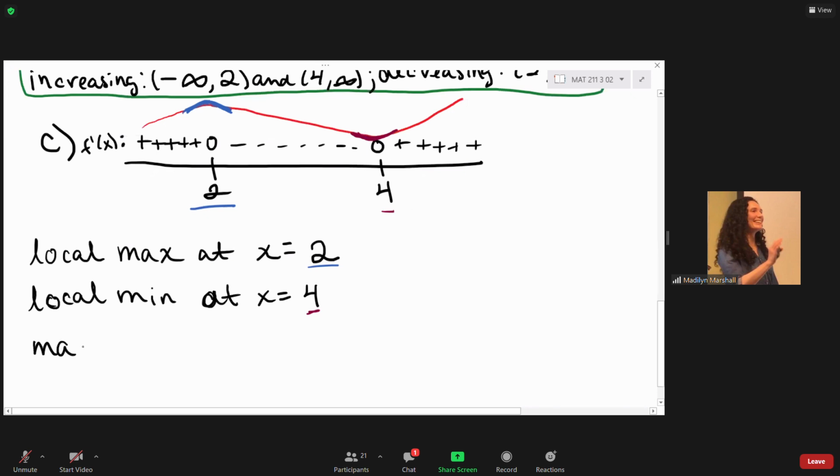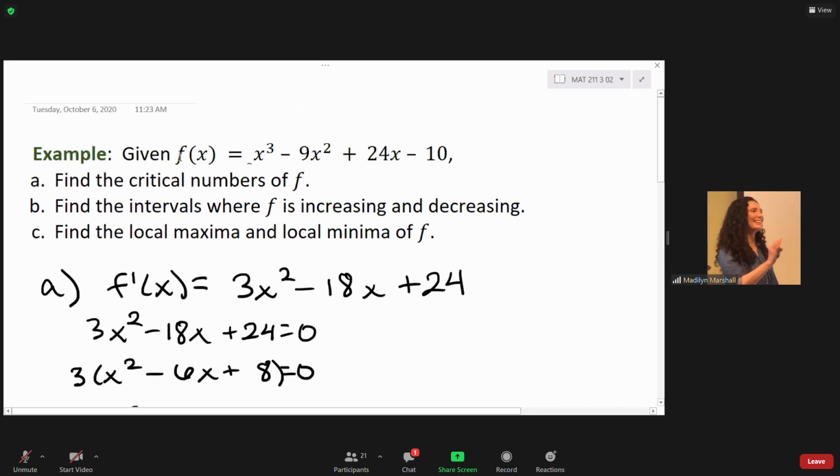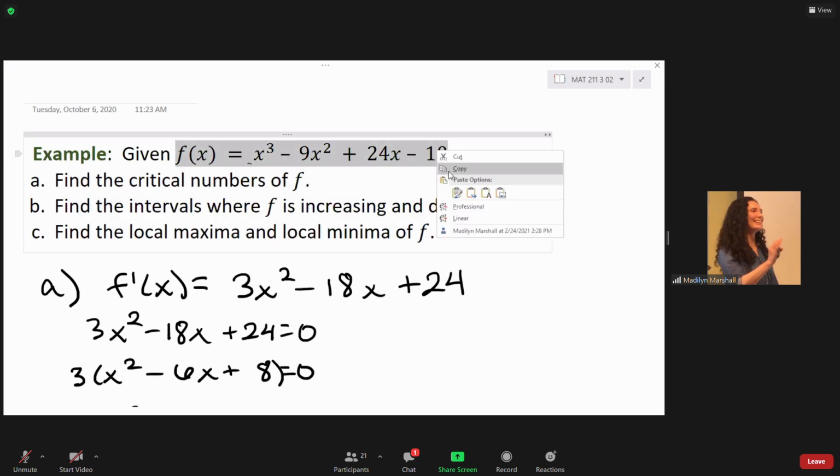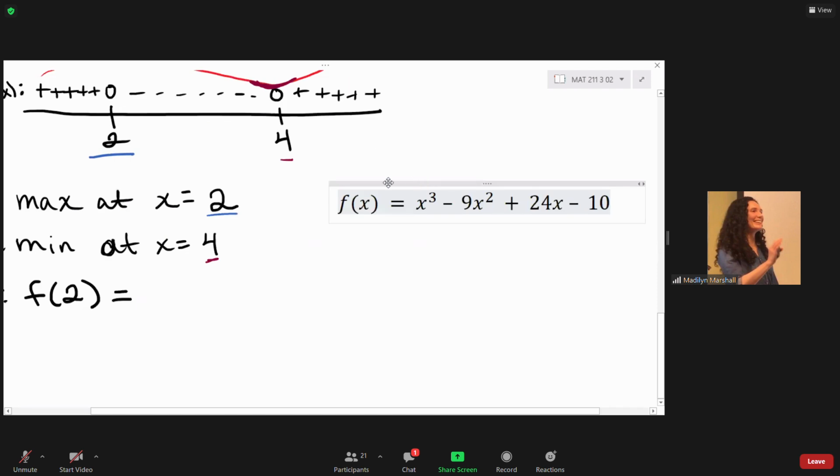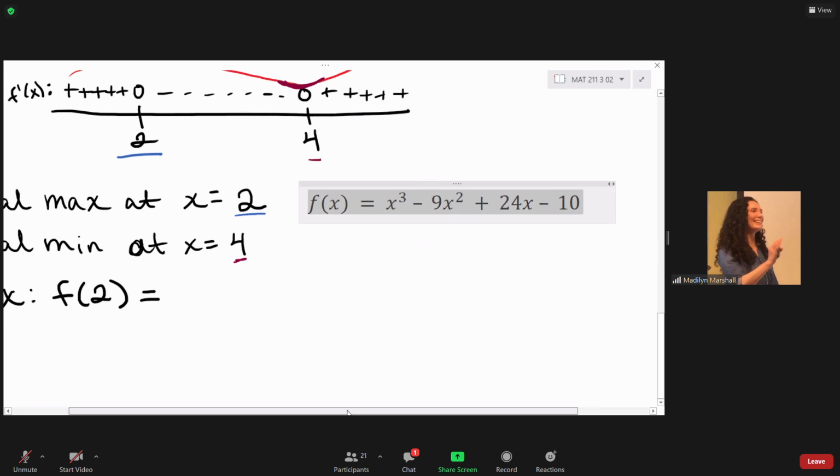So the max is going to be f of 2, because that's the y value of the function at the x value of 2. Here we're going all the way back to our original function, because we're looking for the peak on the actual graph itself.